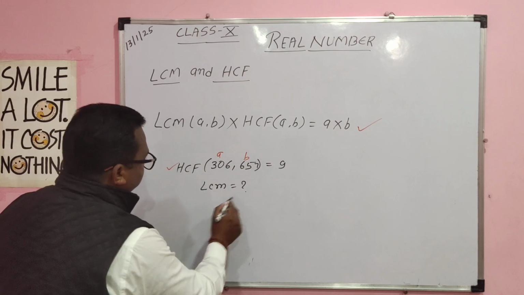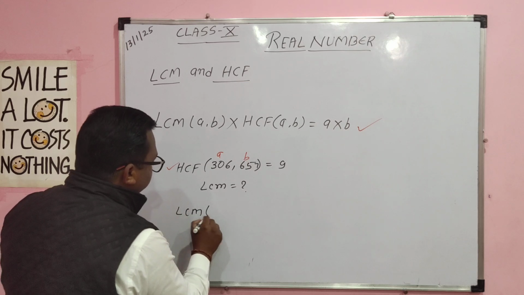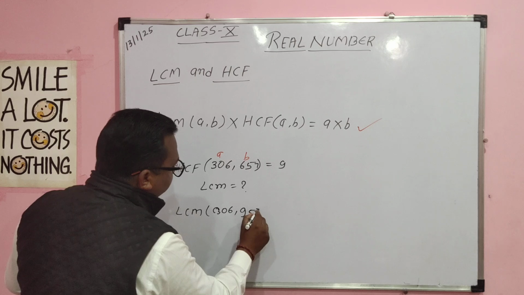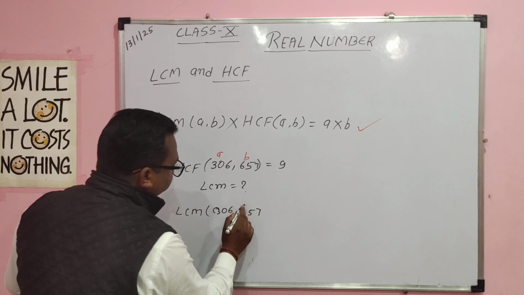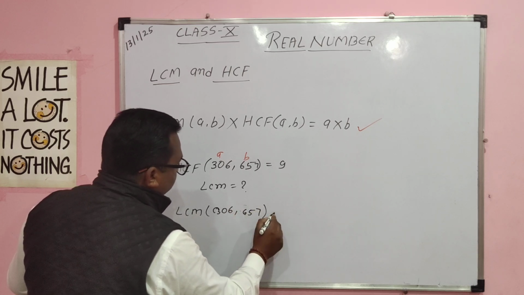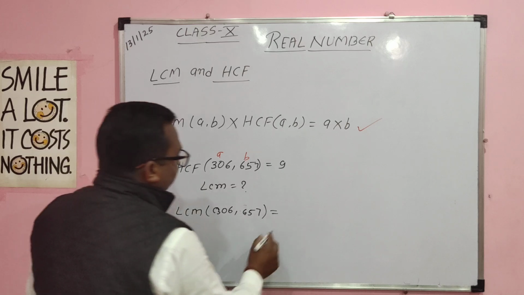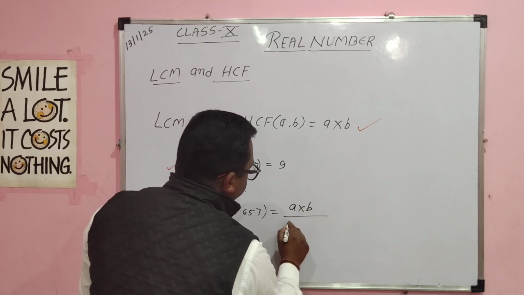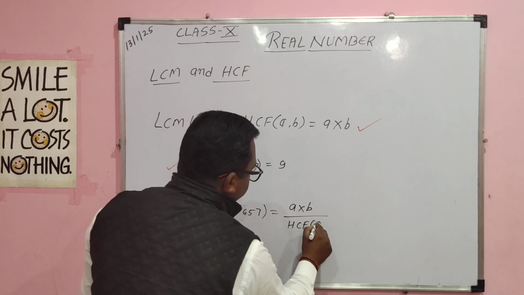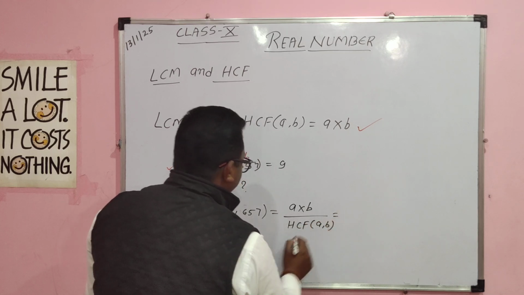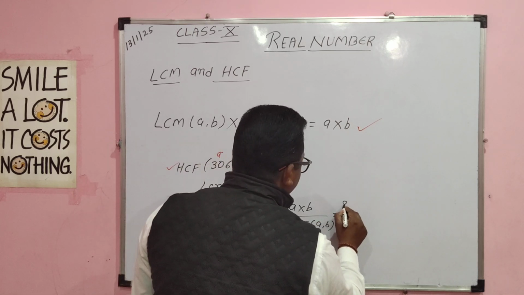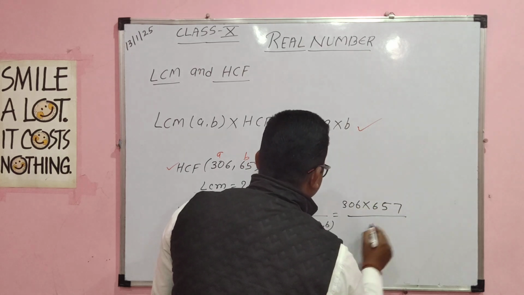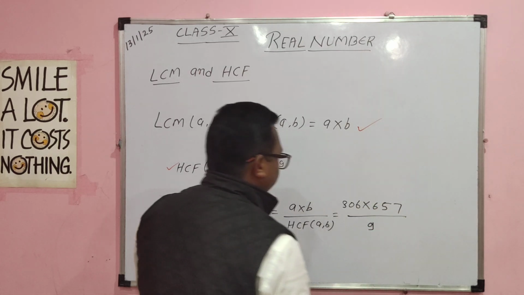So LCM equals A multiplied by B upon HCF of A and B. It means 306 multiplied by 657 upon 9.